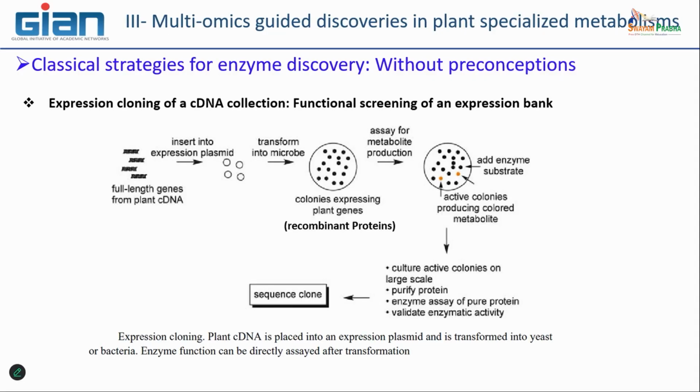It means that instead of just having a prokaryote cell with the plasmid with a cDNA sequence, this particular cell is also able to express this cDNA and accumulate the corresponding protein in the cell. This is what we call an expression bank.